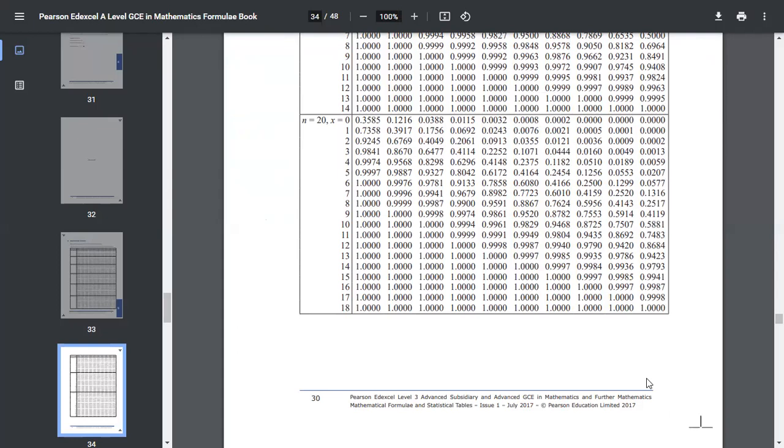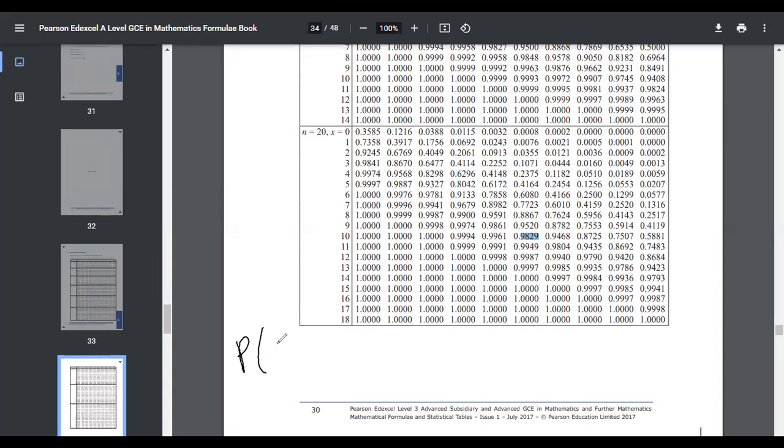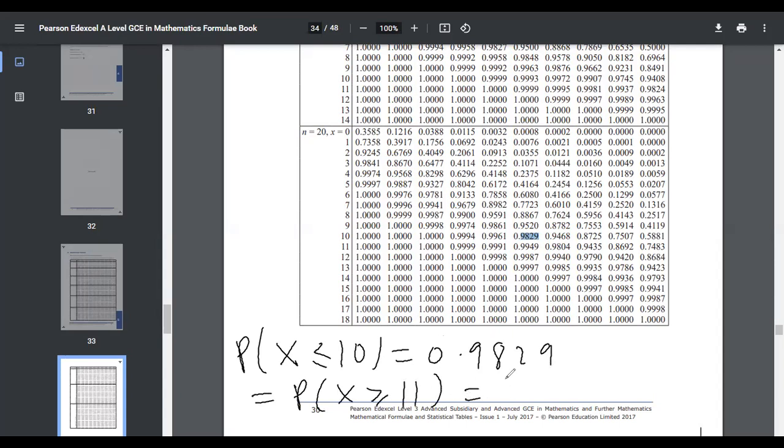If we look at these big numbers here, the probability that you get 10 or less successes is 0.9829. So the probability of getting 11 or more successes is going to be 1 minus that.